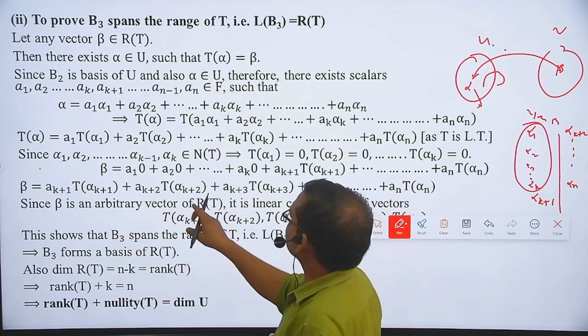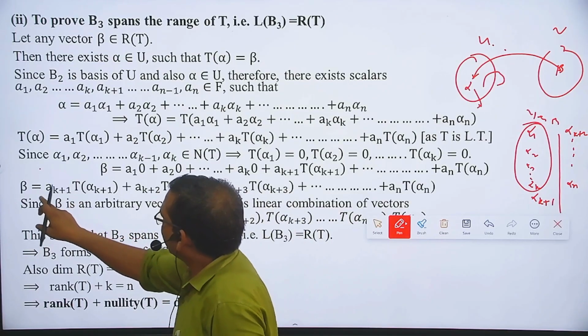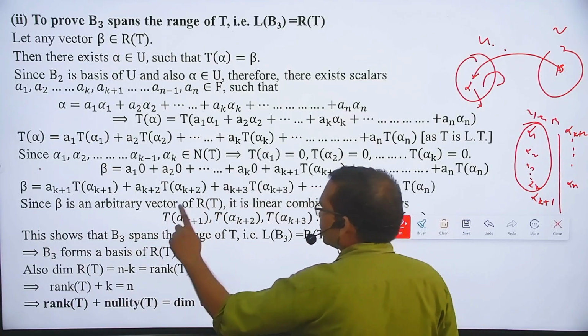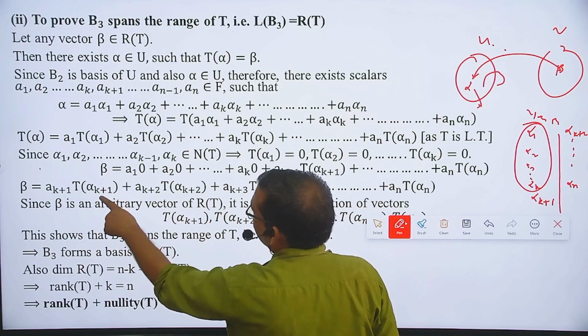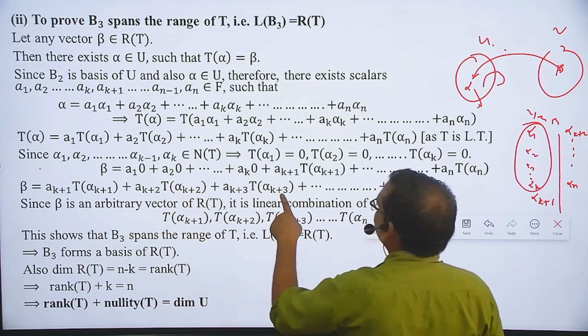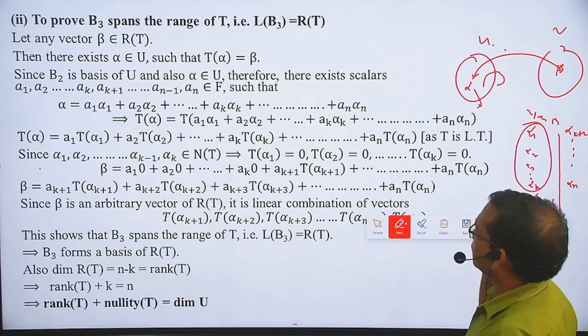What does this represent? This represents that beta is a linear combination of the image vectors: transformation of alpha k plus 1, alpha k plus 2, alpha k plus 3, up to alpha n.